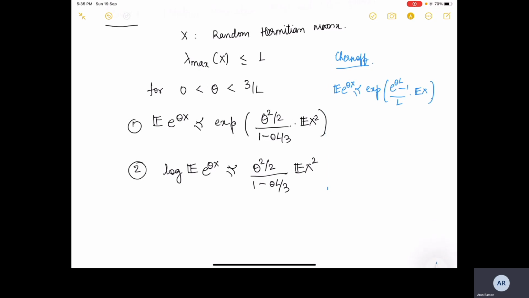So this is what we obtained as the MGF bound for the Chernoff.